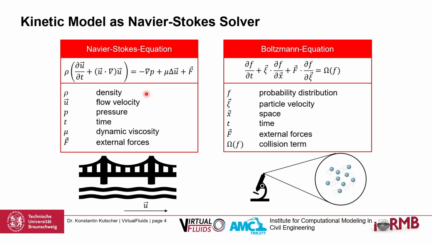On the other hand, we have the Boltzmann equation, which is an even more complex equation, which describes flow on the particle level, as the movement of particles, atoms, molecules, because we know everything consists of these small particles. In principle, we can describe our world also with particle physics.